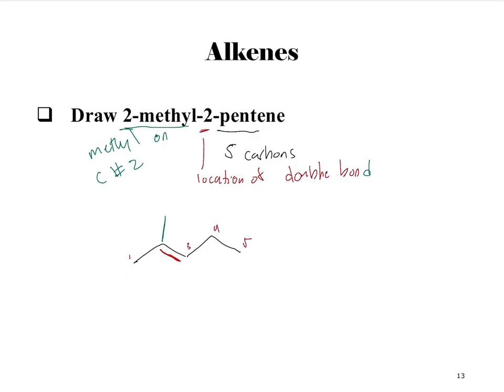Also, a side note, if you had a cyclic molecule, you can have double bonds in cyclic molecules, like benzene we saw earlier. The only difference is that you'd put the double bond on carbon 1, 2, 3, 4, 5, 6. This would be 1-cyclopentene now.